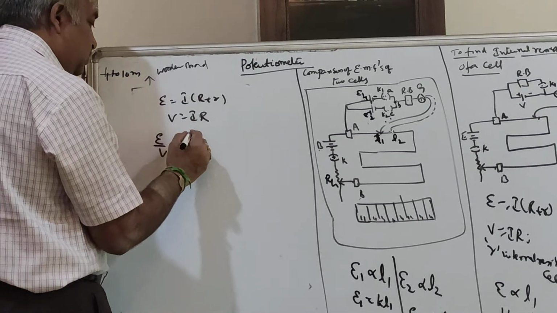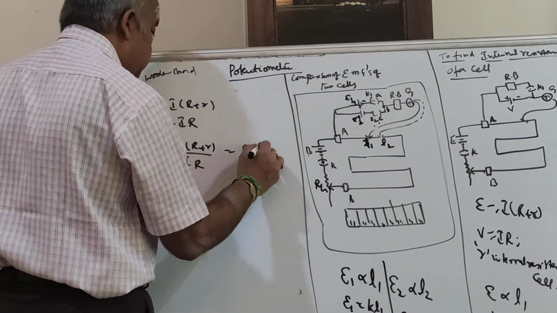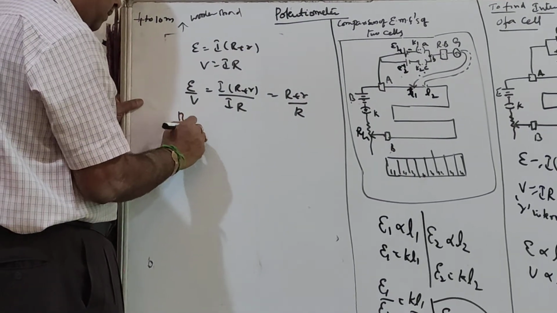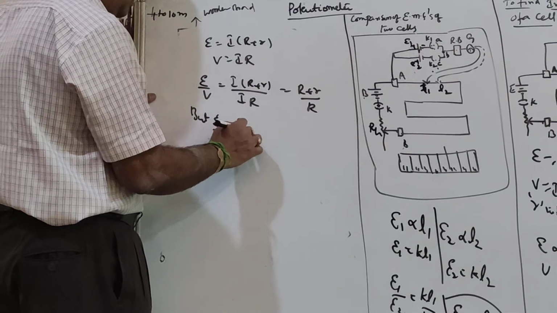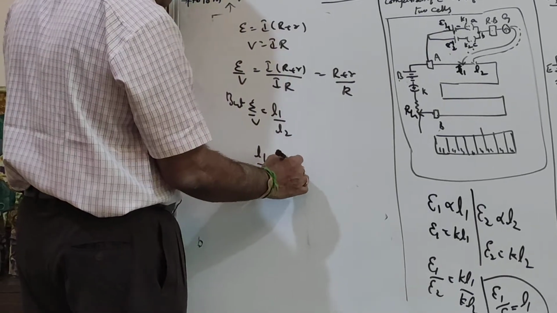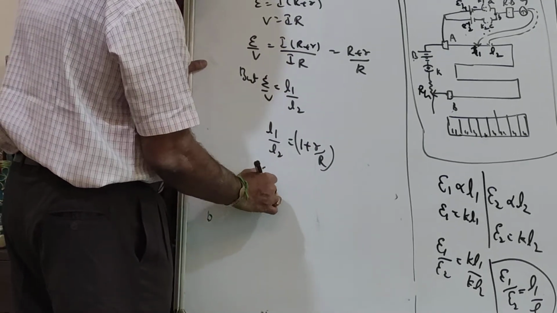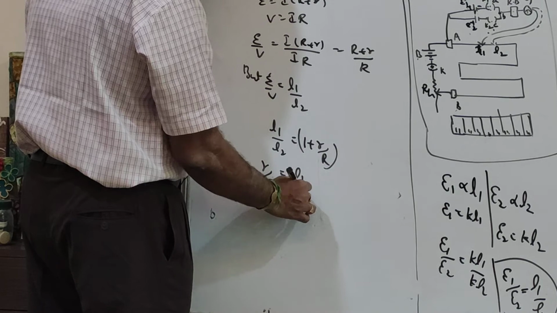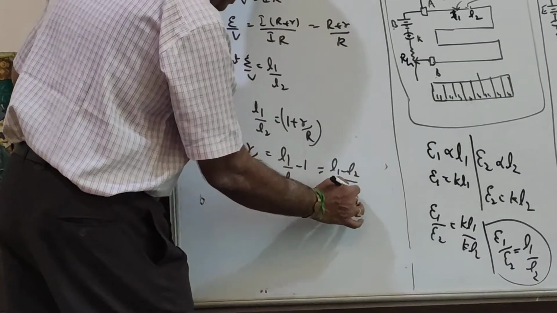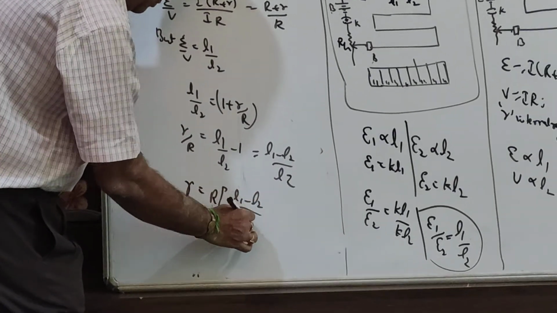E by V is equal to I(R plus r) by IR, which is (R plus r) by R. But E by V is equal to L1 by L2. So L1 by L2 is equal to 1 plus r by R. So r by R is equal to L1 by L2 minus 1, which is (L1 minus L2) by L2. Or small r is equal to R times (L1 minus L2) by L2.